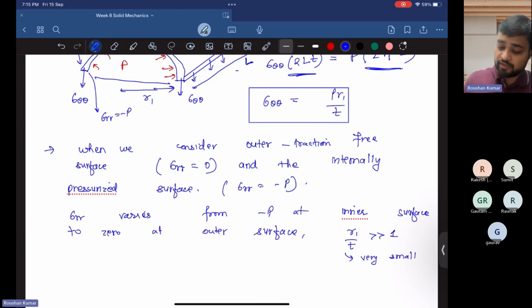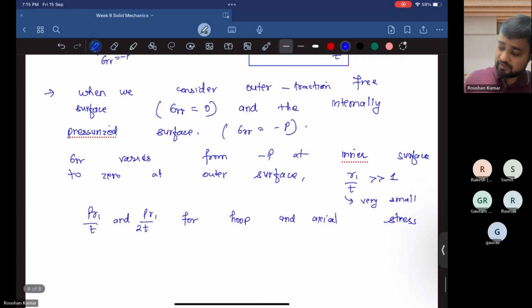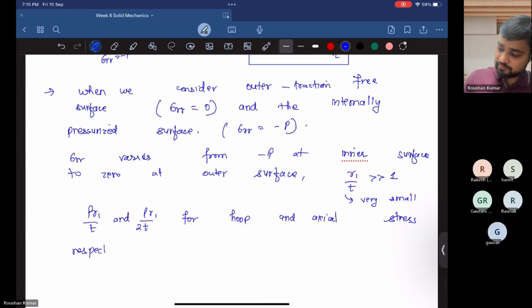So for the thin tube case, the values of PR1 upon T and PR1 upon 2T, for hoop and axial stress respectively, will be very large compared to P.